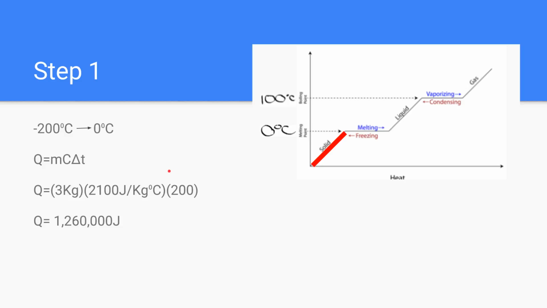We know the temperature change because it starts at negative 200 and goes up to 0, meaning the difference is 200. Then you do the multiplication and you get this Q value. This is the amount of heat that it will take to get the H2O from negative 200 degrees to where it will begin melting.